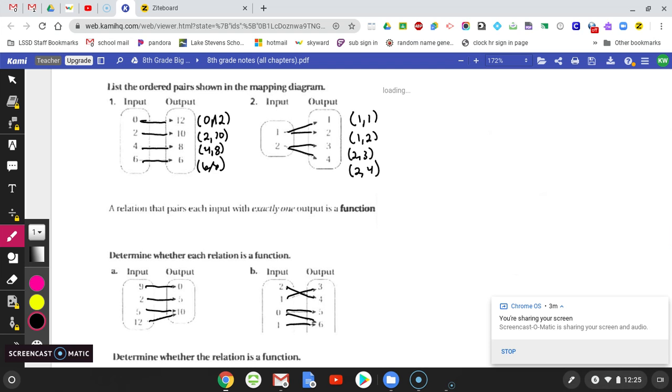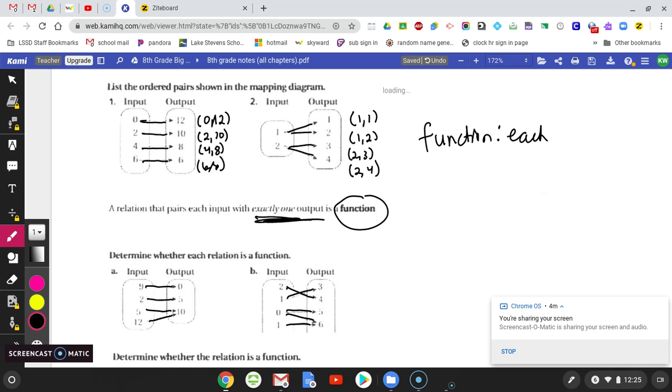All right. So relations talk about how coordinate points relate to each other, how the input goes with outputs. If each input goes with only one output, then it's what we call a function. So functions, a vocab word for today.